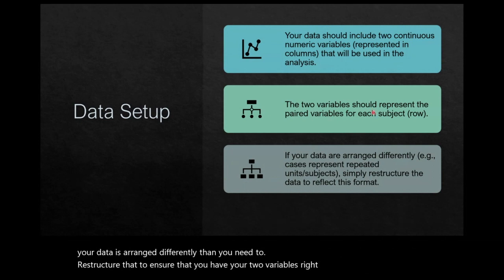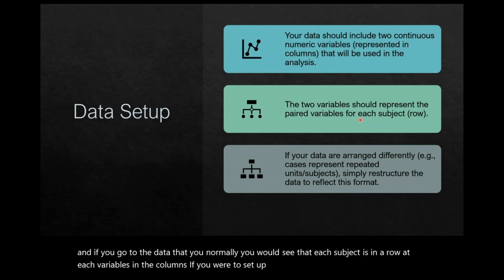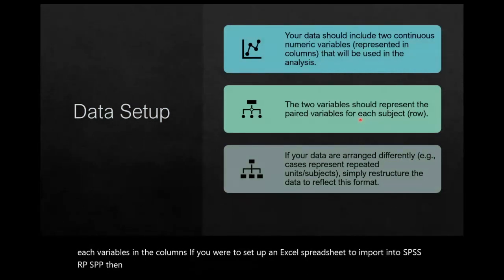And each subject is in a row. And if you go to the data view, normally you would see that each subject is in a row and each variable is in the columns. If you were to set up an Excel spreadsheet to import into SPSS or PSPP, then that's what you would do. You would put the responses in columns based on the variables, right?